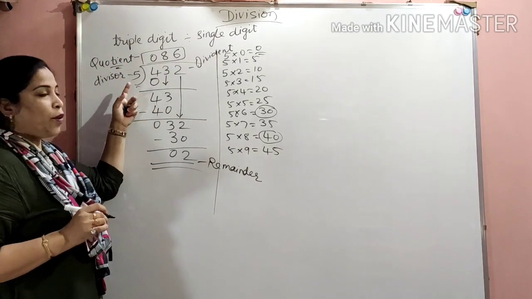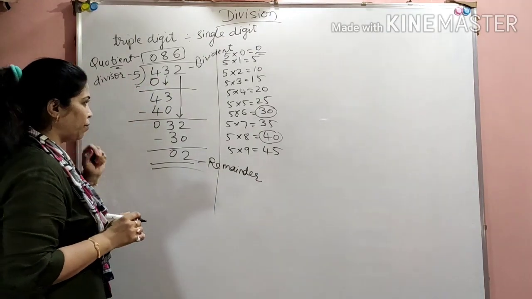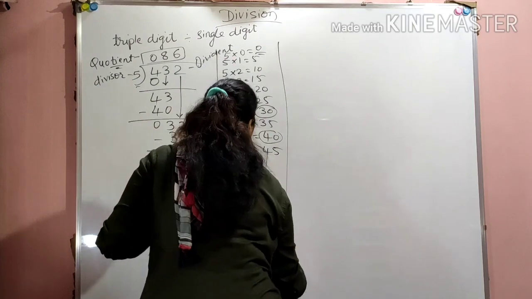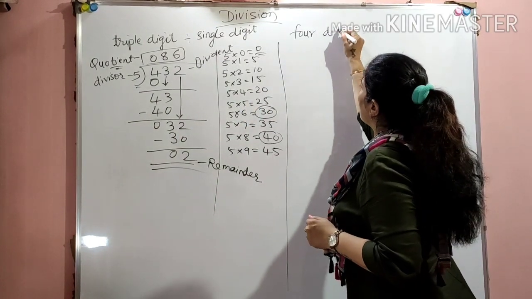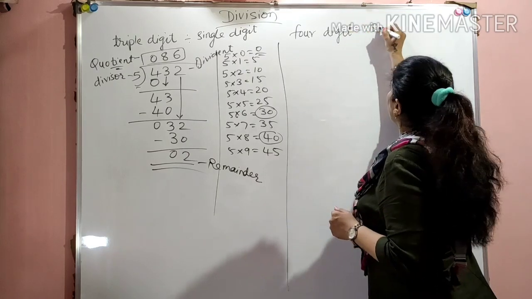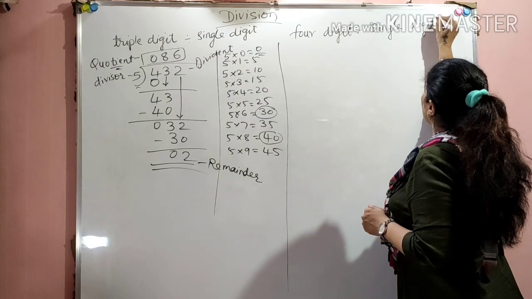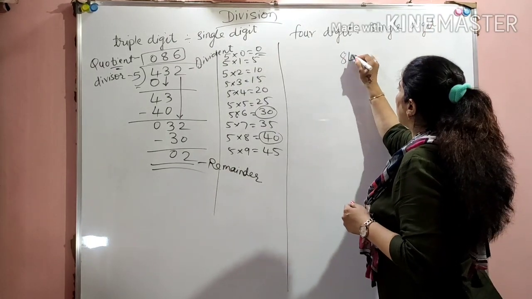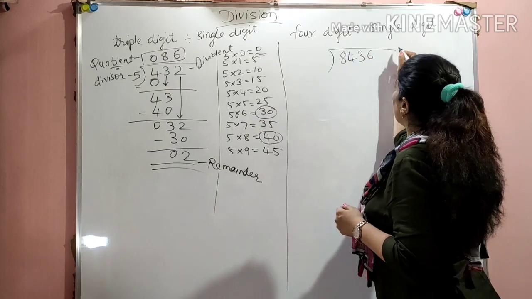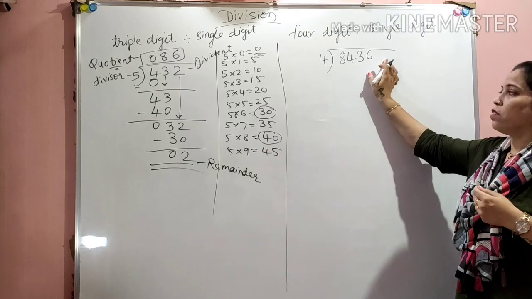Okay children, I hope you are clear with this triple digit divided by single digit. Now next we will go with 4 digit divided by single digit. Suppose I am taking number 8436 divided by 4.